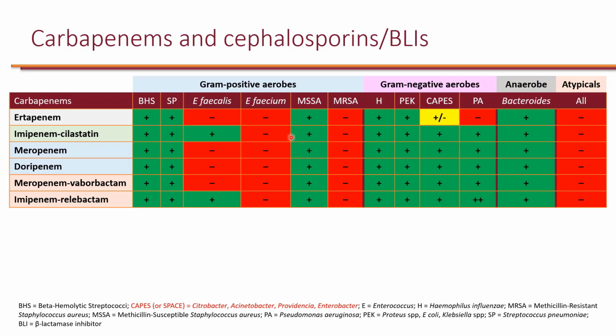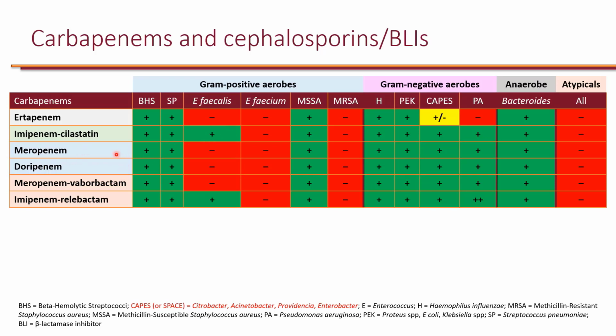Imipenem has really good activity against pretty much most of the clinically important organisms, including Pseudomonas. It's also active against E. faecalis. Meropenem and doripenem are pretty much identical to imipenem with the exception of E. faecalis. They are not active against E. faecalis.